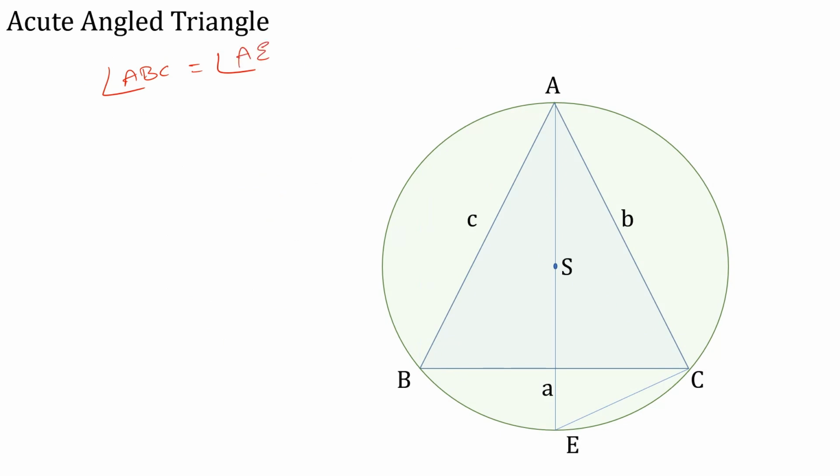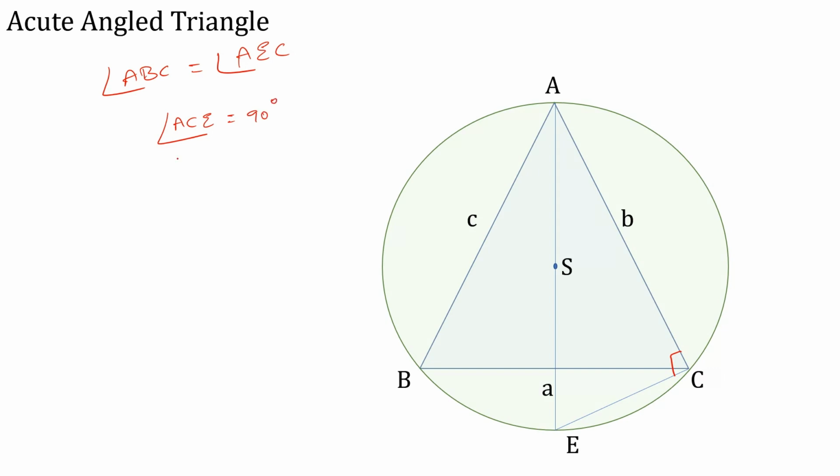So chord AC has made two angles in the segment and both the angles have to be equal. Also, we know that AE is the diameter, and in that case, angle ACE is the angle made by the diameter in the semicircle, so it will be equal to 90 degrees.